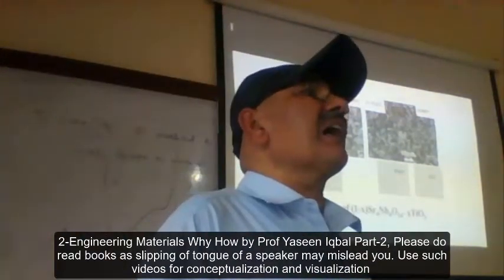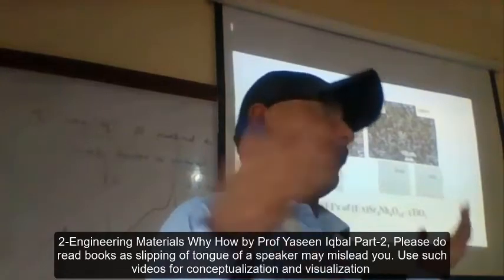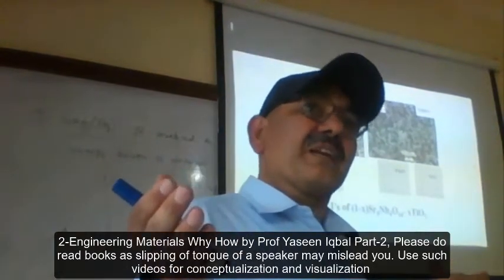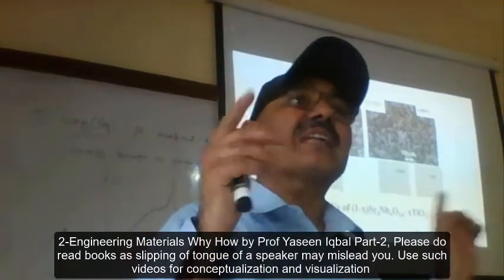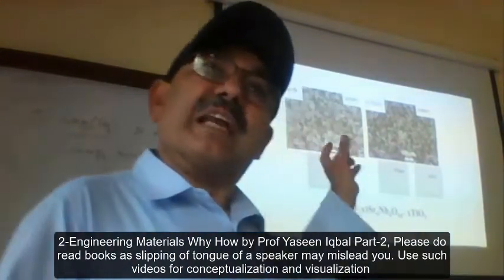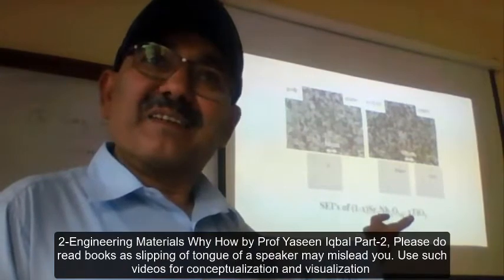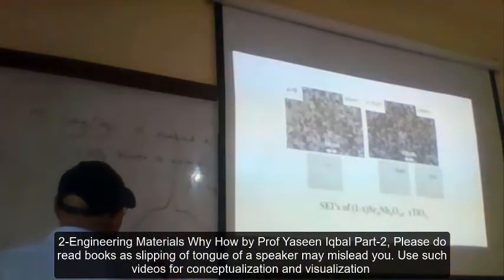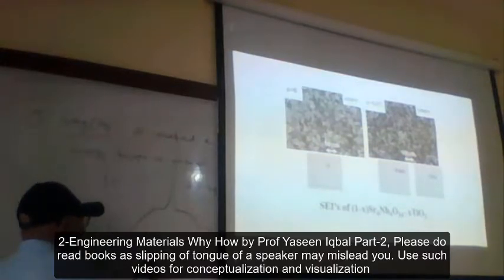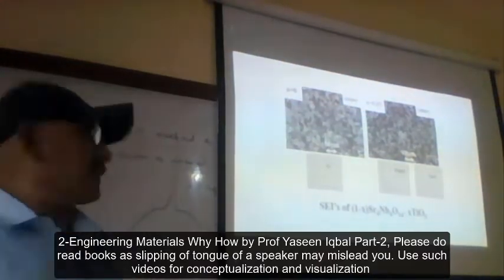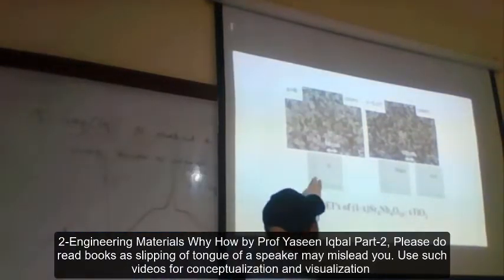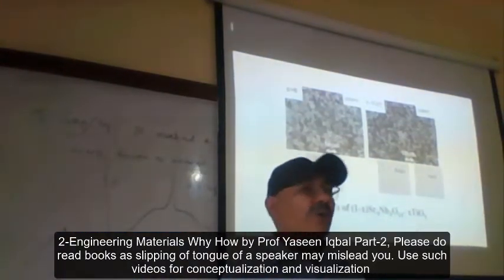I am not calling them crystals, although XRD has given me that these are crystalline phases, but I am not calling them crystals here. I am calling them grains. And those grains, when I told you yesterday that if this is a grain and I select this area and measure the composition, I found these two peaks, which are strontium and niobium.